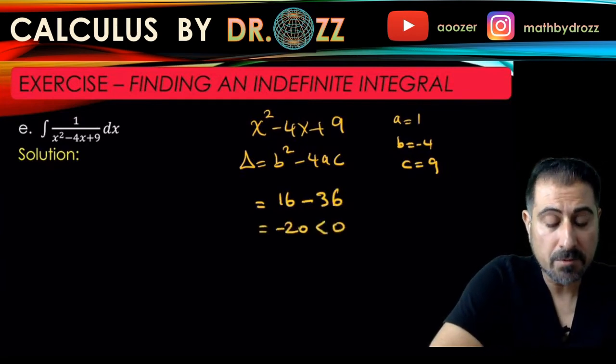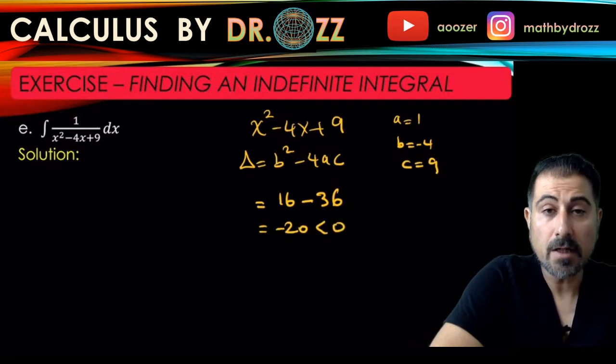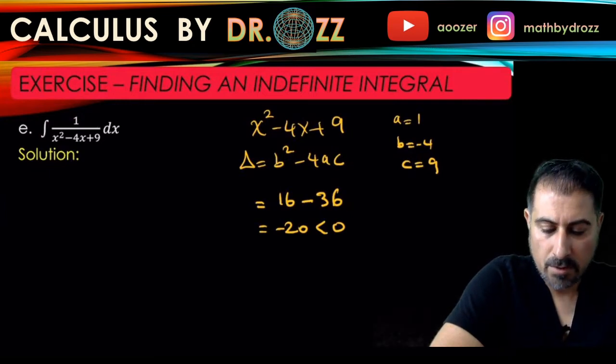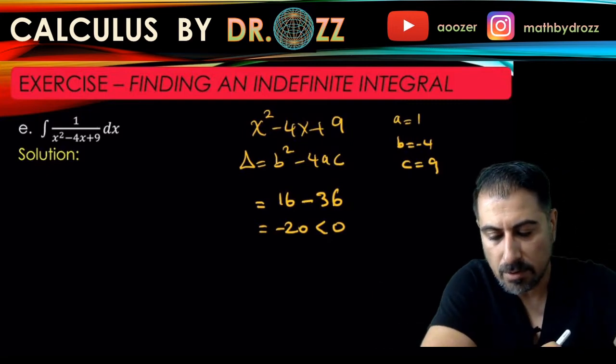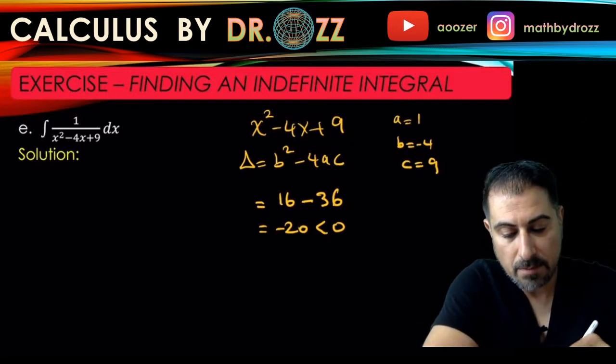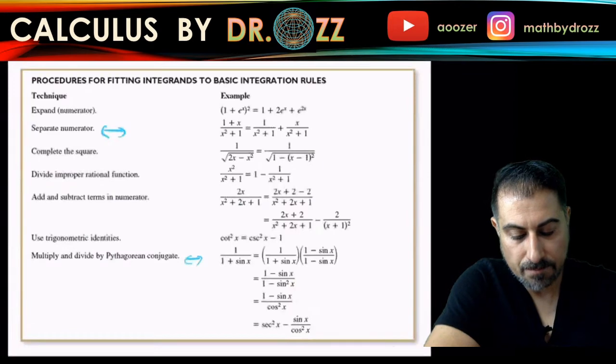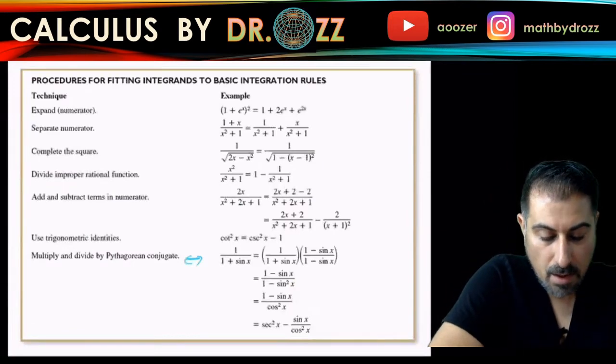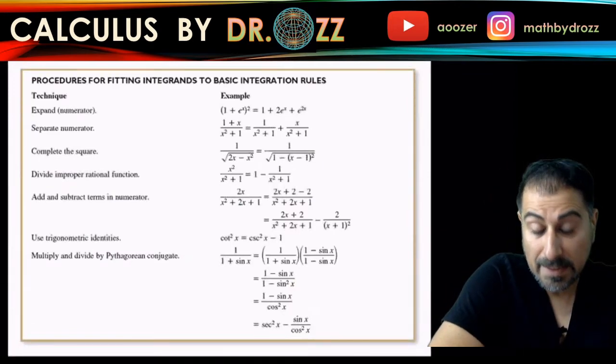You don't have real roots, which essentially means that you can't really factor the quadratic in terms of having real number roots.